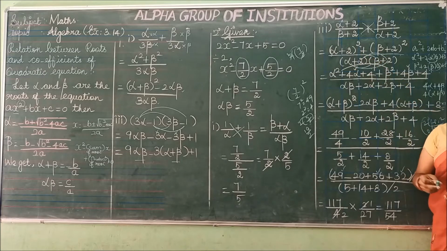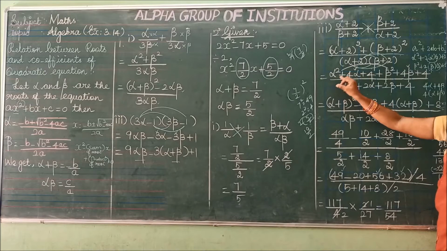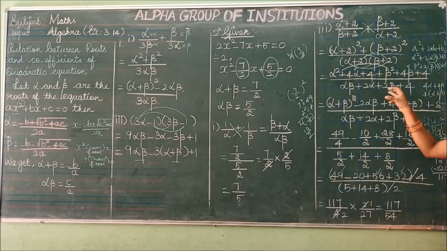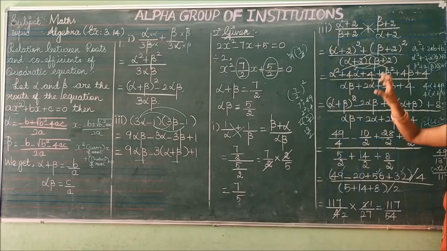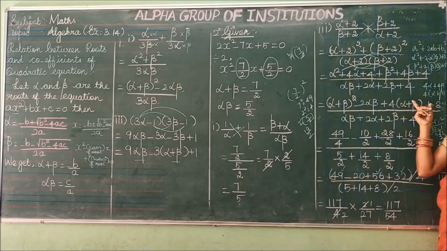Then use the formula a plus b whole square. Our a plus b whole square is alpha square plus 4 alpha plus 4, then this term beta square plus 4 beta plus 4, whole divided by, multiplying each and every term, alpha beta plus 2 alpha plus 2 beta plus 4.